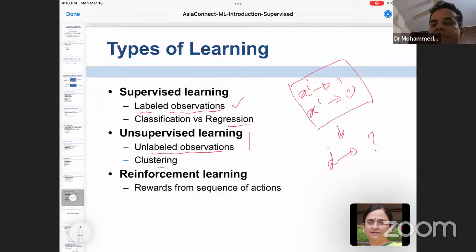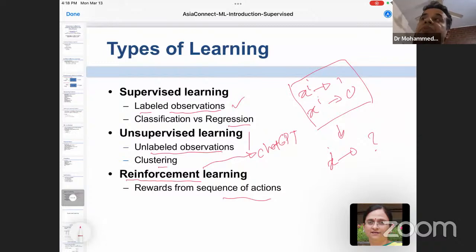And another one is very popular nowadays. ChatGPT also relies on reinforcement learning. So this is basically reward from sequence of actions. What is that? For example, if you want to train a dog, when a dog does some good thing, you give her a biscuit.